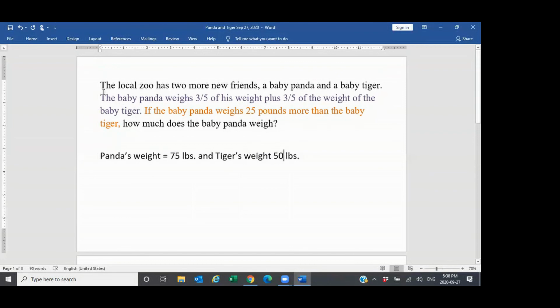So we checked both of the sentences, and they were both accurate. They both matched our answer. Sorry. So therefore, we know our answer is correct.